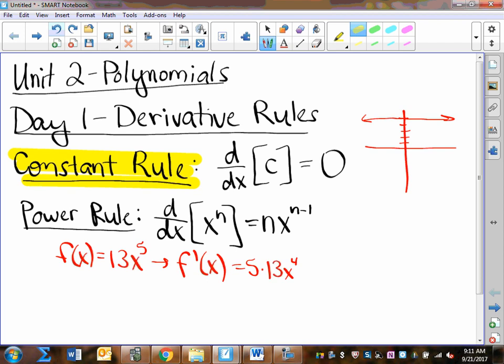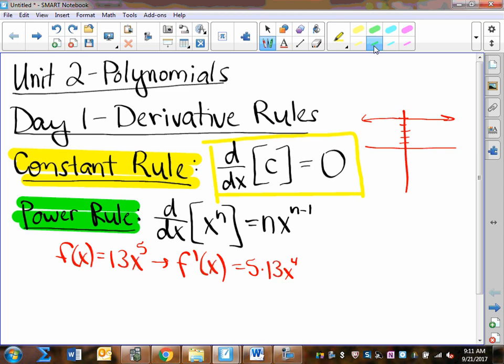Power rule. Whenever we have a power, we drop that in front, and then we reduce my power by 1. It's another biggie. And again, these are the rules that we'll be applying throughout the whole year. We're just doing it with polynomials right now. So we've got constant, we've got our power.